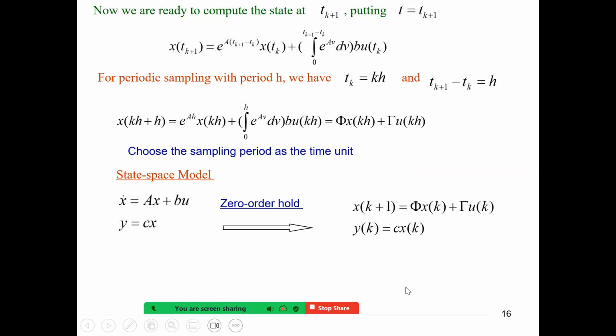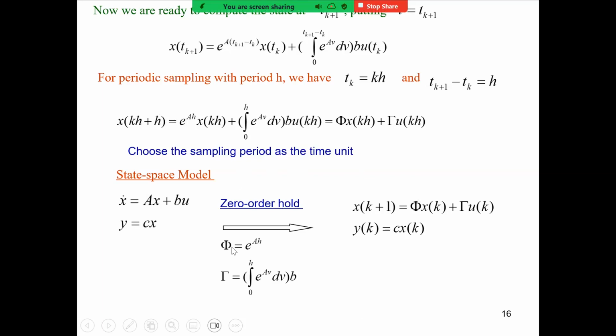So what are Phi and Gamma? We have the formulas. Phi is computed using the matrix exponential, and this is Gamma. But if you look at this formula, remember A is a matrix, so it's not straightforward.